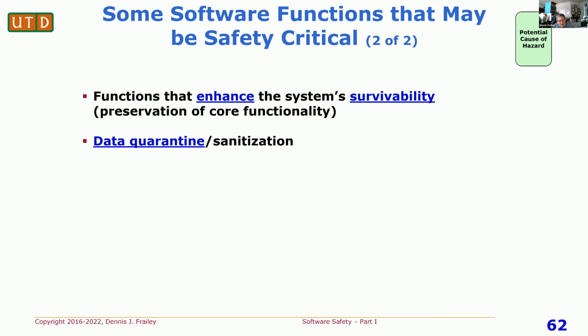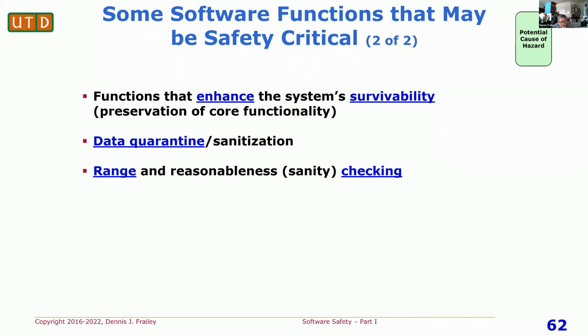Data quarantine and sanitization functions, where you're keeping data away from certain, we had the example, one of you had the example of the database where somebody hacked into the database and used it incorrectly. That's sort of what this is talking about.